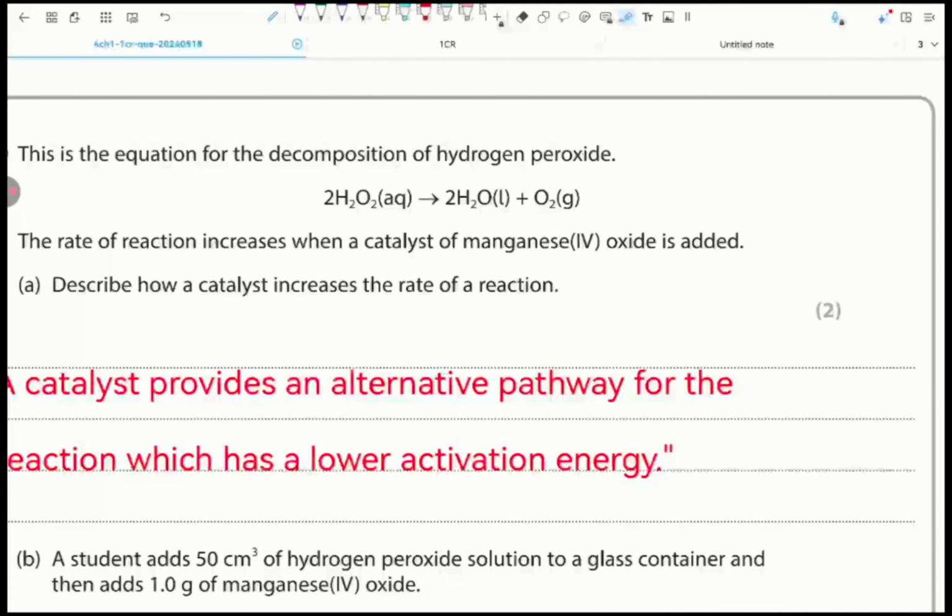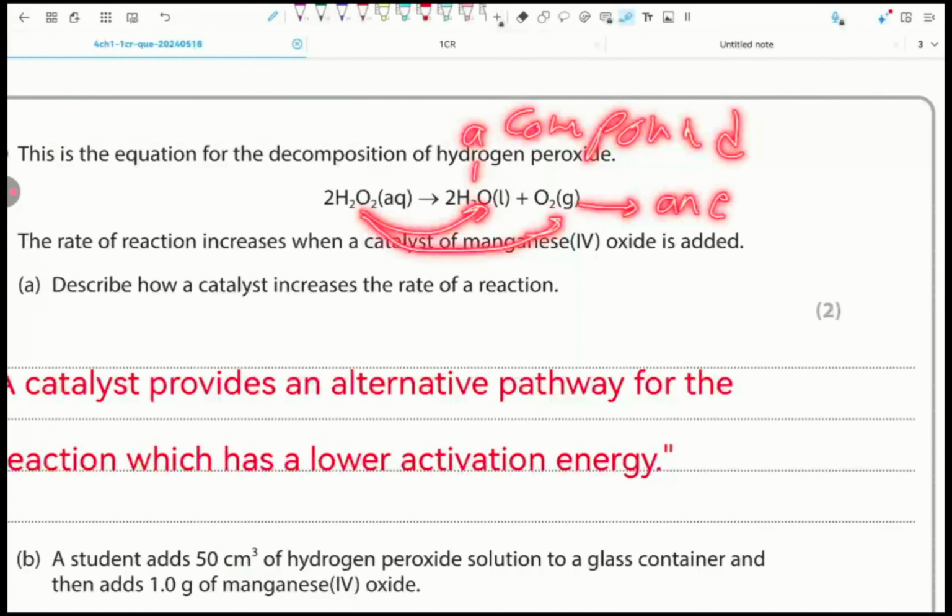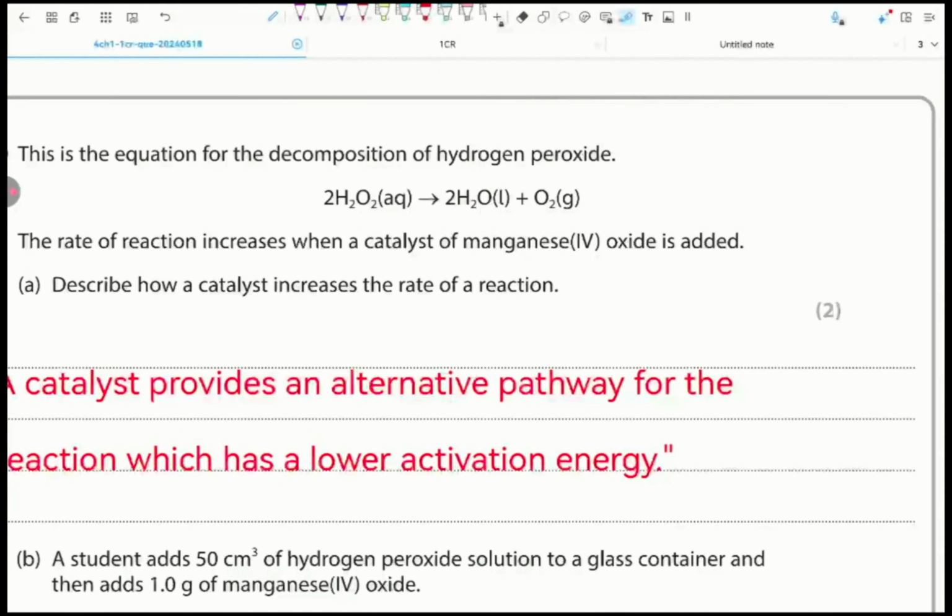Let's look at the reaction here. We have this equation, hydrogen peroxide, one chemical material. This chemical material is disassembled into water and oxygen. This is a compound, and this is an element. So how do I know that this is a decomposition reaction?